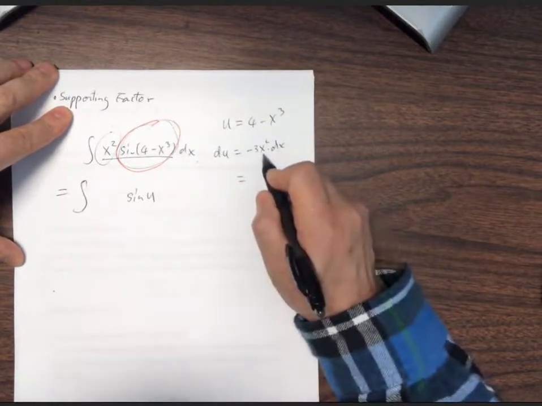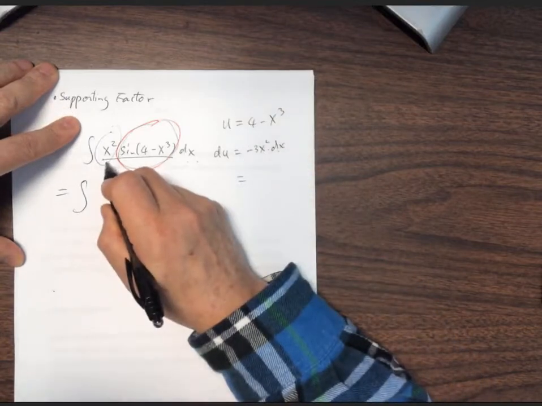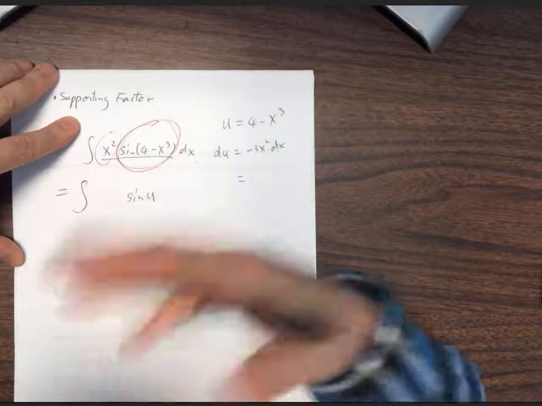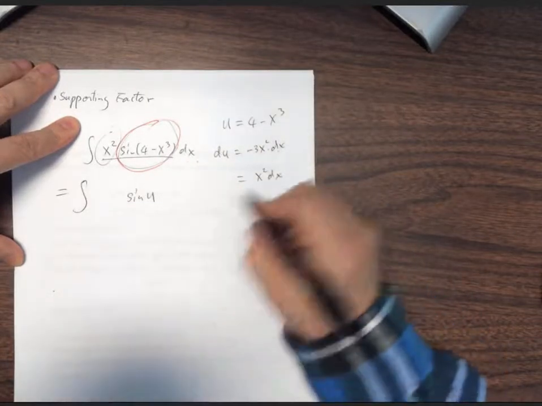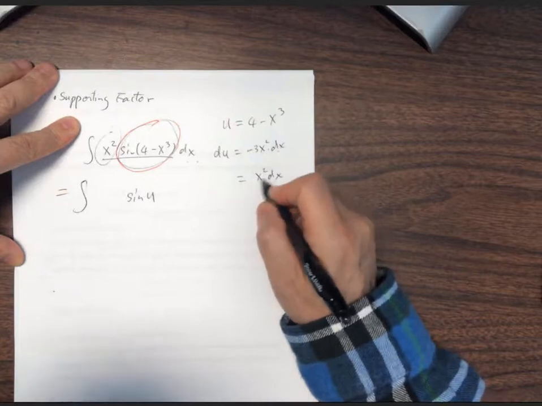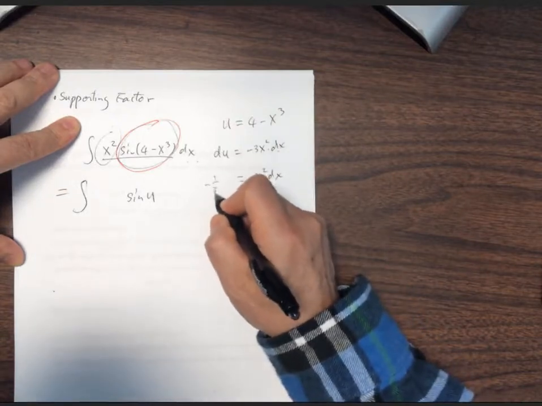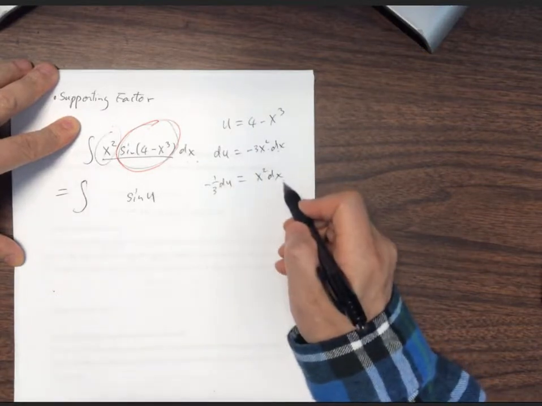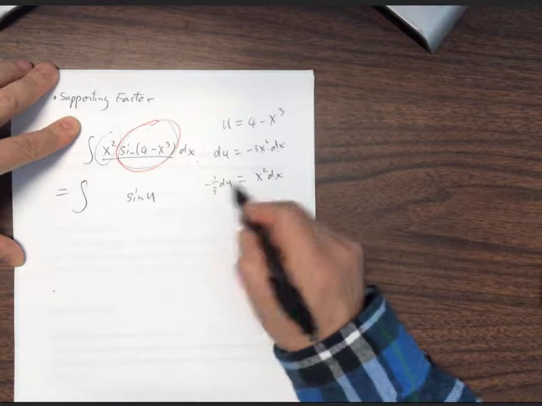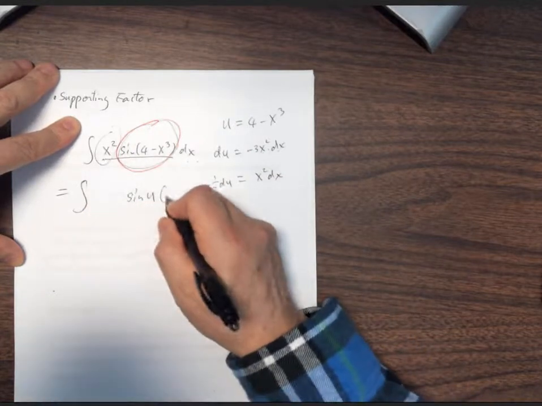You also see x squared that needs to be replaced too. So at the same time, we can replace x squared and dx. You just solve for x squared dx, the combination. So the x squared dx together is replaced by negative one third du.